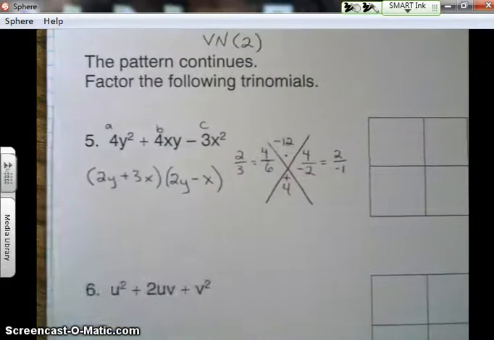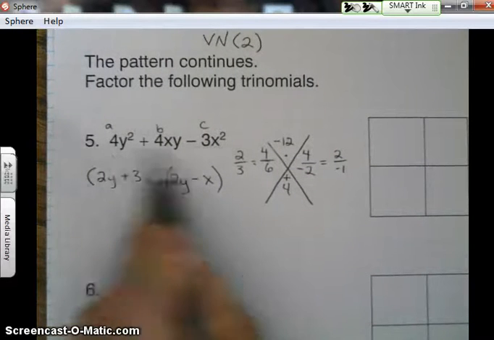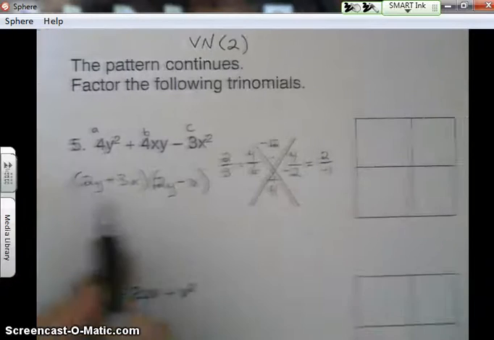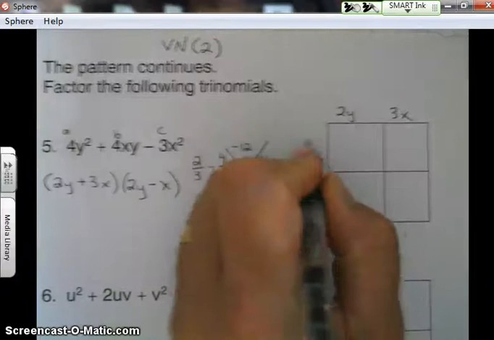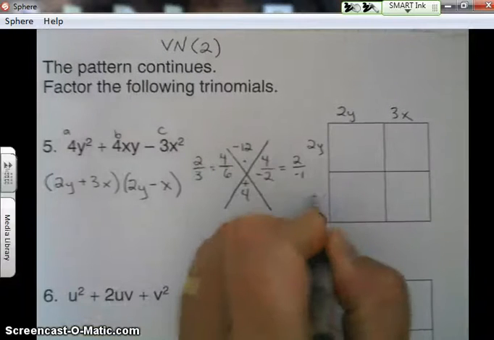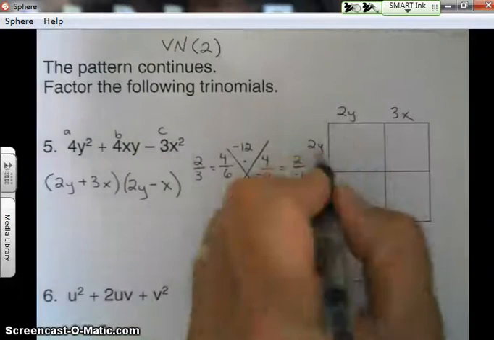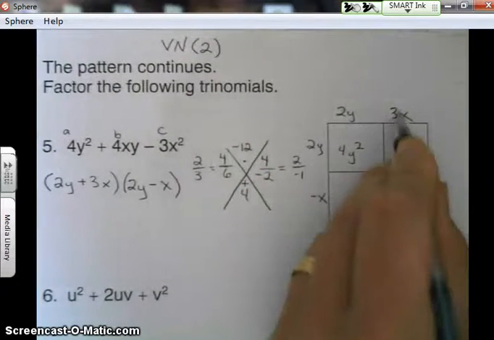Okay? So if you FOILed this, you would end up with this above right here. Or if you use the box method to check your answer, 2y plus 3x, 2y minus x. You can use this box to check to see if you have the right answer. So multiplying.